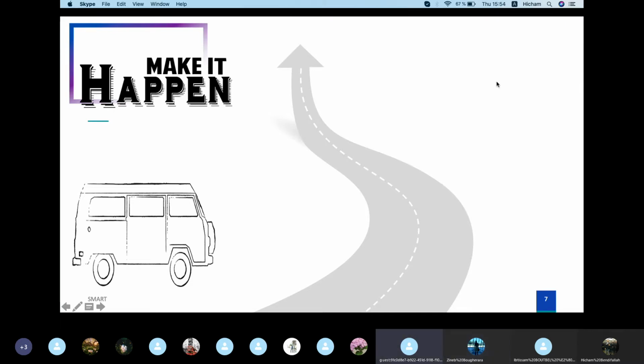I can't see how you relate it to a goal, provided that you said before that a goal is a specific statement of intention. Intention, I put two lines under intention, and it can be related to the teacher's intention. I don't know how you related this to a goal.